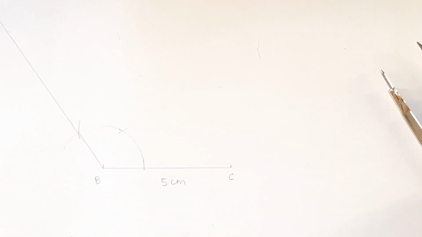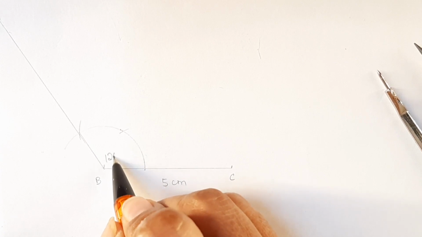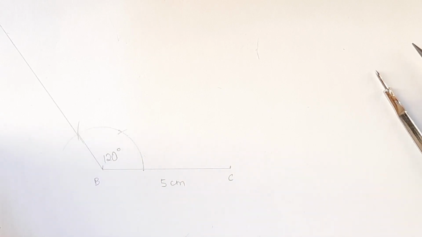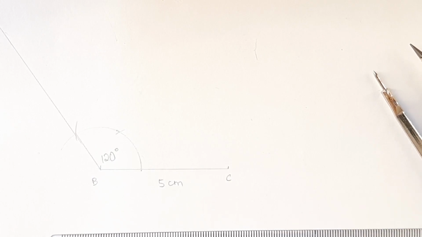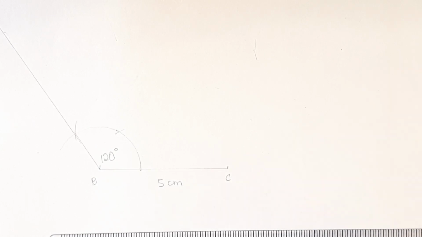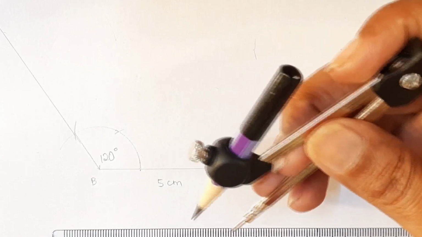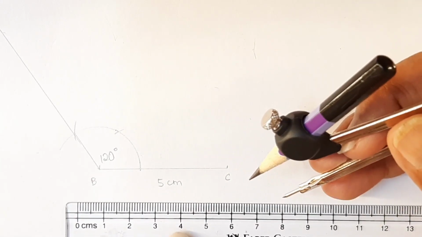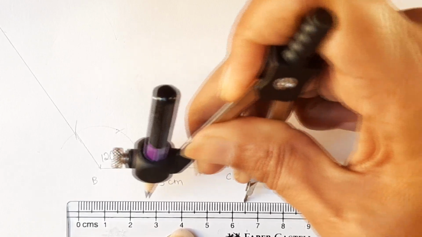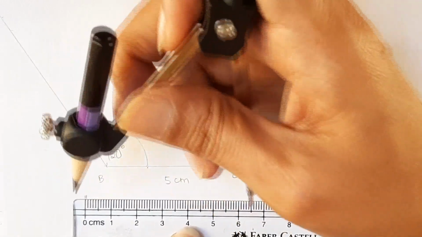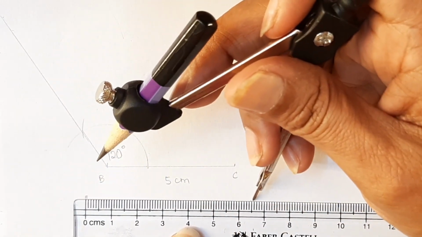There. What we have is 120 degrees here. That's the angle. And now we have to take AB equal to 6.5. So this is your 6.5. Let's check once again.